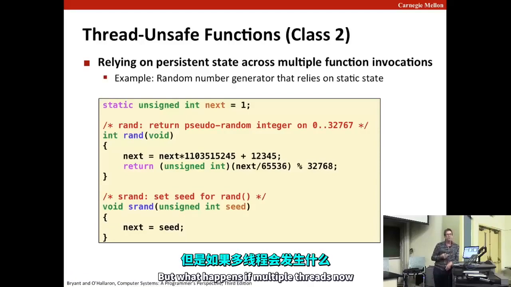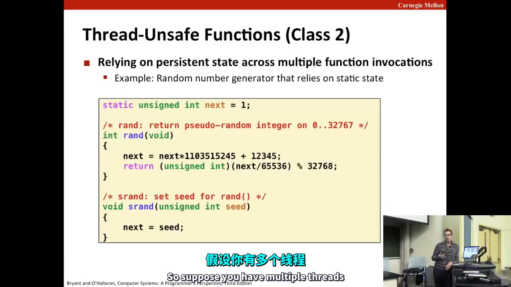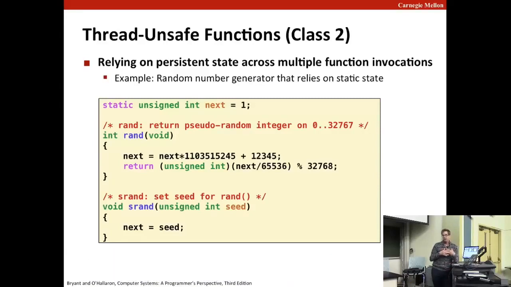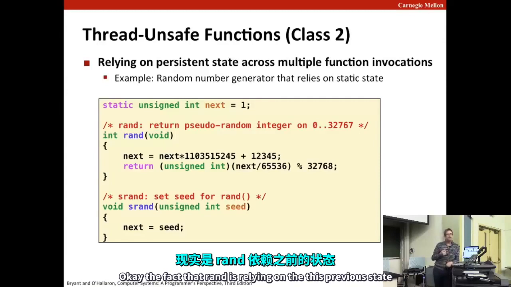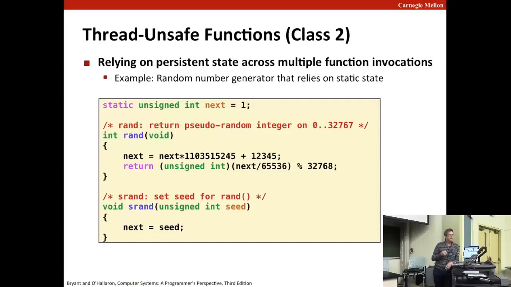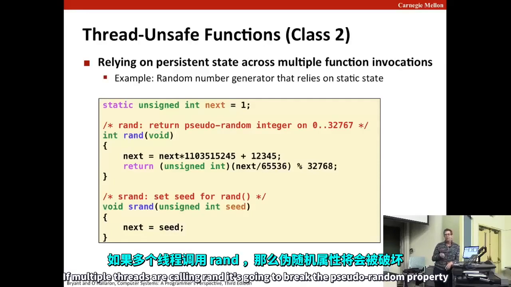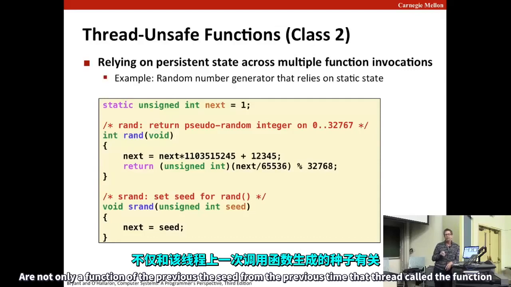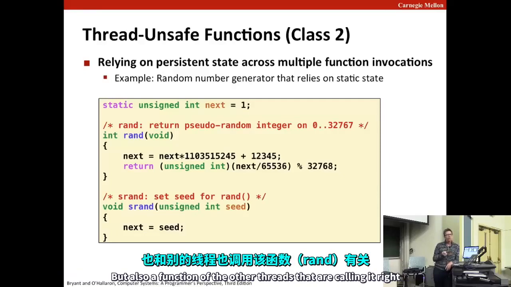But suppose you have multiple threads, and they're each calling this rand function, sort of interleaving calls to rand. The fact that rand is relying on this previous state means that if multiple threads are calling rand, it's going to break this pseudo-random property. The random numbers that each thread gets back are not only a function of the seed from the previous time that thread called the function, but also a function of the other threads that are calling it.